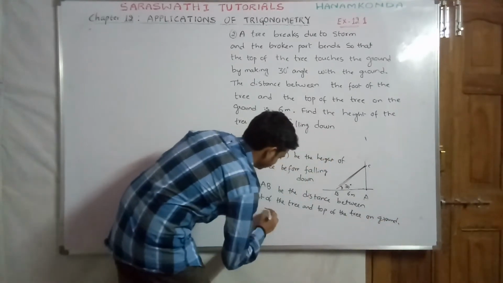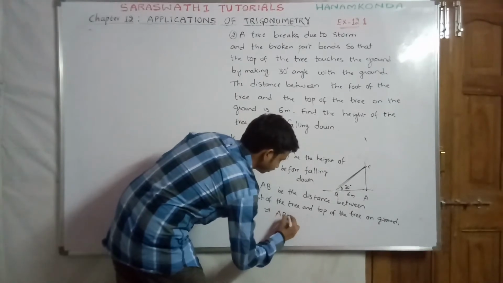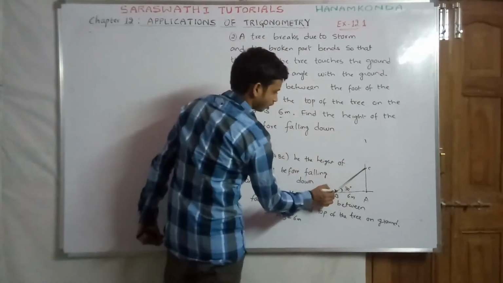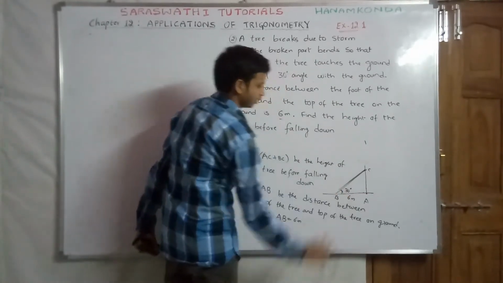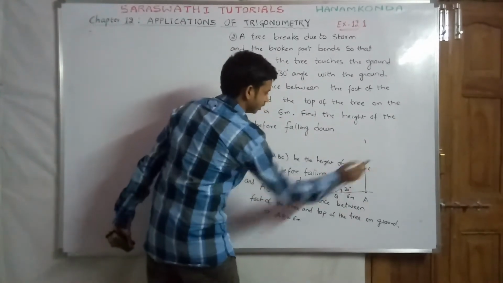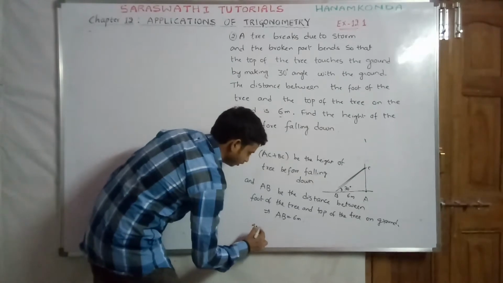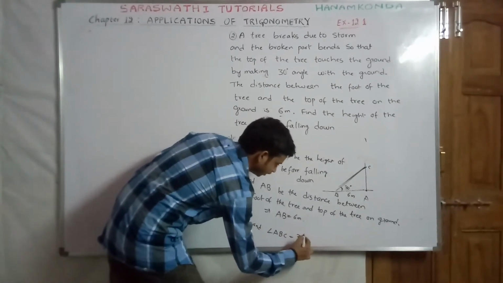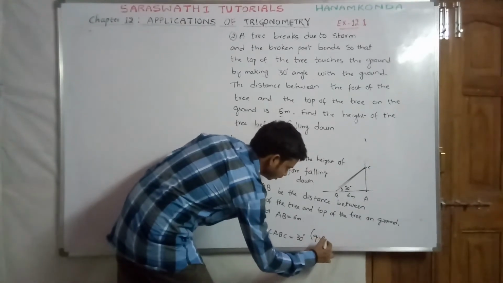It is given in the question that AB equals 6 meters. Also given that the top of the tree makes an angle of 30 degrees with the ground. That means angle ABC equals 30 degrees.